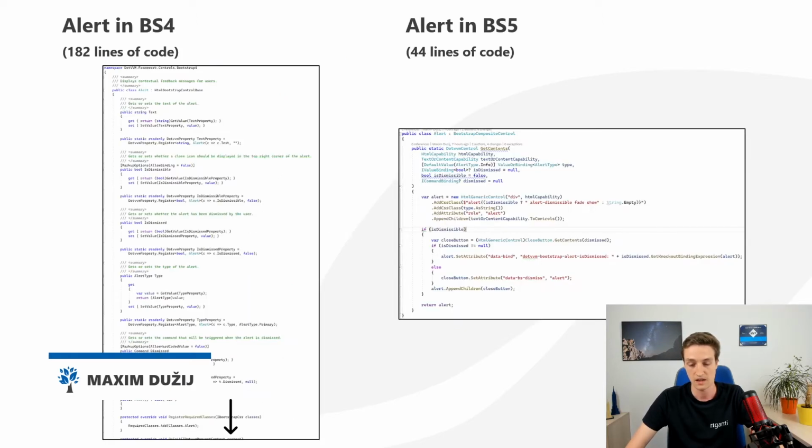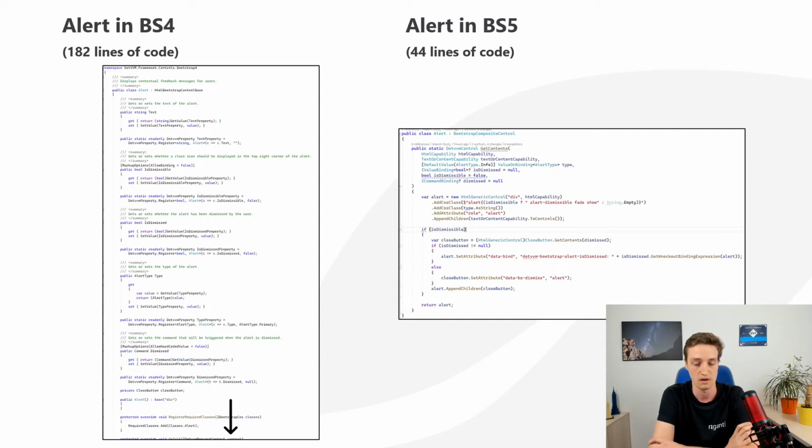So, as an example, I have here an alert control from Bootstrap 4. As you can see on the left side, we have this huge document with some properties and some methods. As a whole, it takes 182 lines of code to initialize and render this Bootstrap 4 alert control.